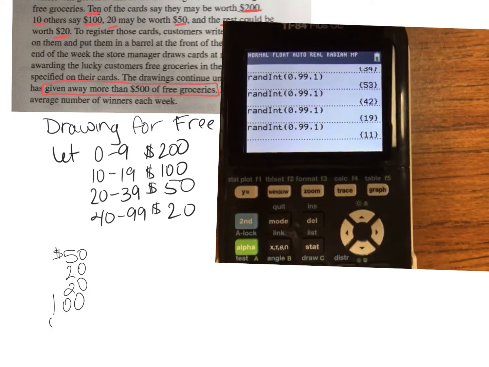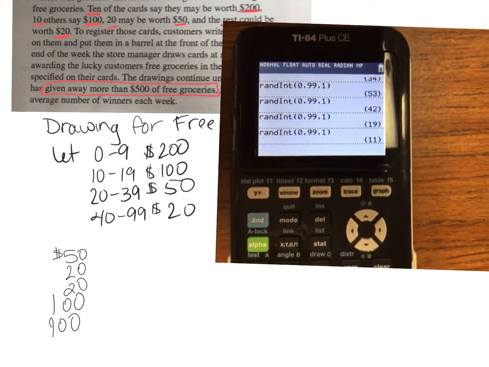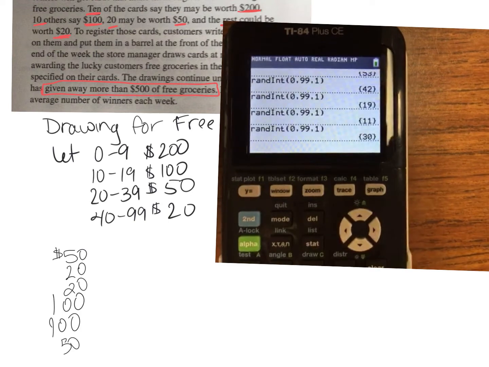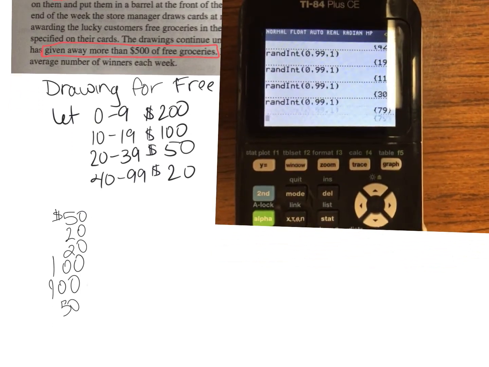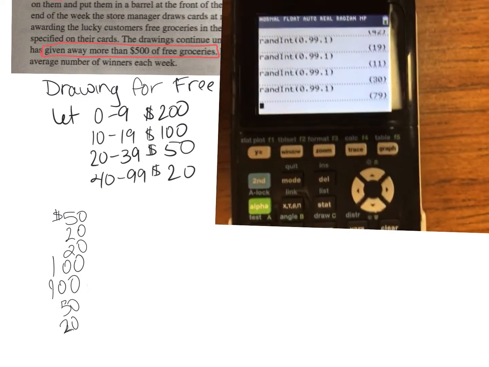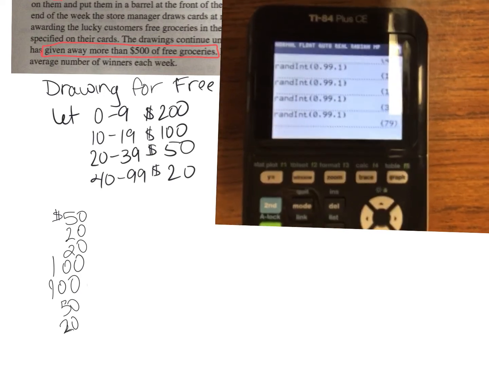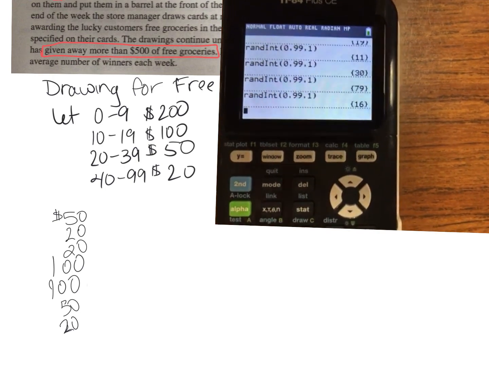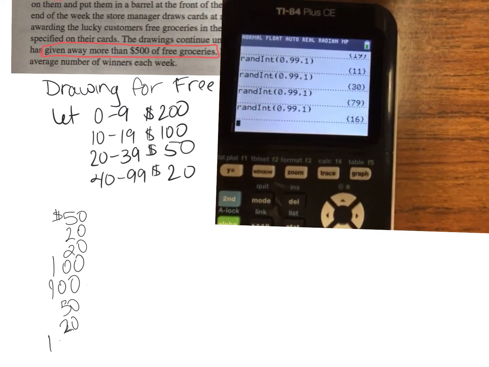11, another 100. $290. 30 is 50. $340. 79 is between 40 and 99, so that's $20. 16 is $100.